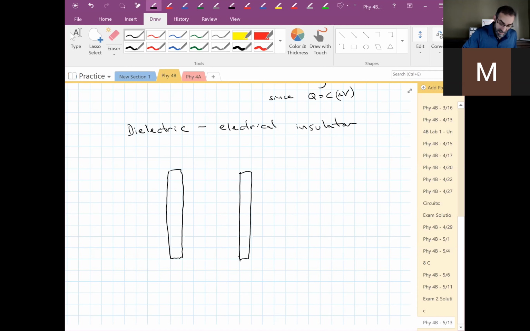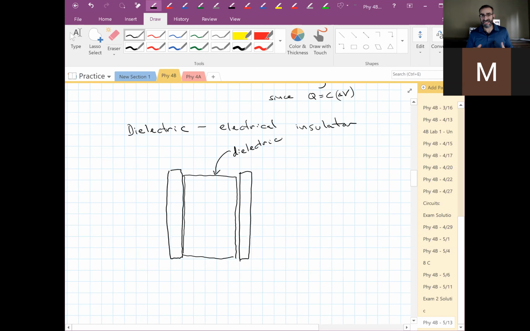We're going to slide some kind of a dielectric material, an electrically insulating material in between those plates, fill the space between them with our dielectric. And it changes things a little bit.